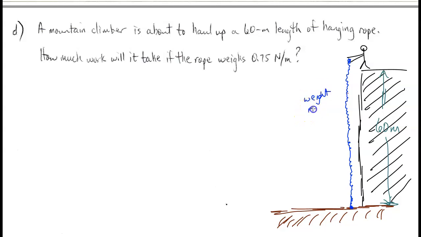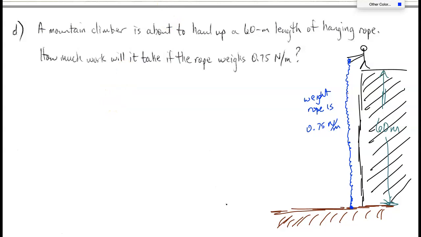So weight of rope is this. In a way, this is like the weight density. Can't really call it density, but that's the closest thing to it. So it's like one-dimensional density for the rope. So again, we want to know how much work it will take to pull up the rope. Okay, well, this is what we do know so far.